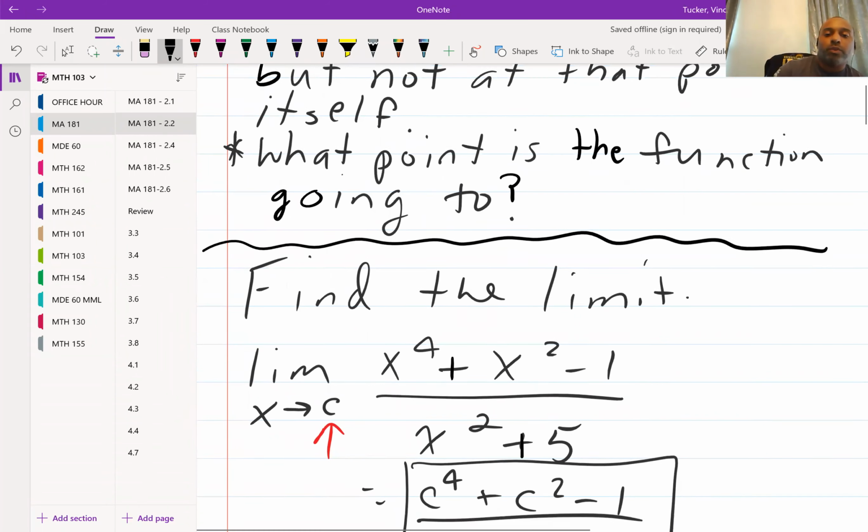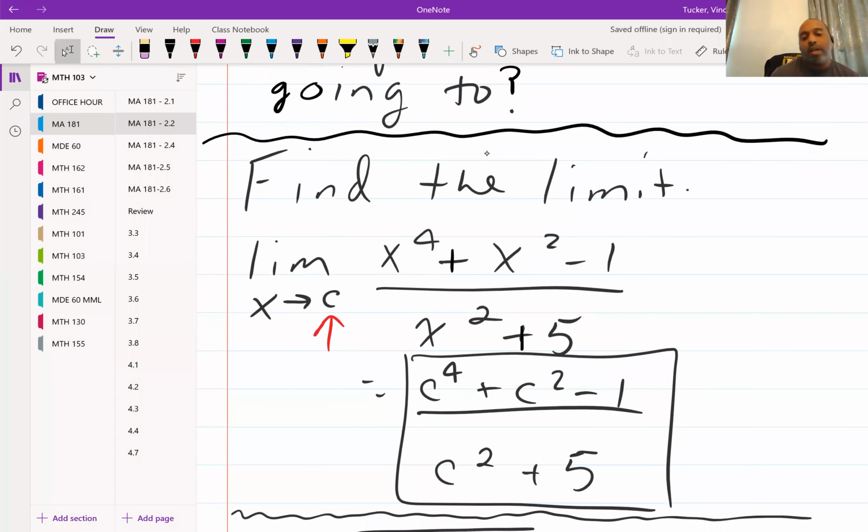All we would do is plug in c, and that'll be c to the fourth plus c squared minus 1 over c squared plus 5. We don't even know what c is, but we just plug in the value of c for x. Any questions on that?